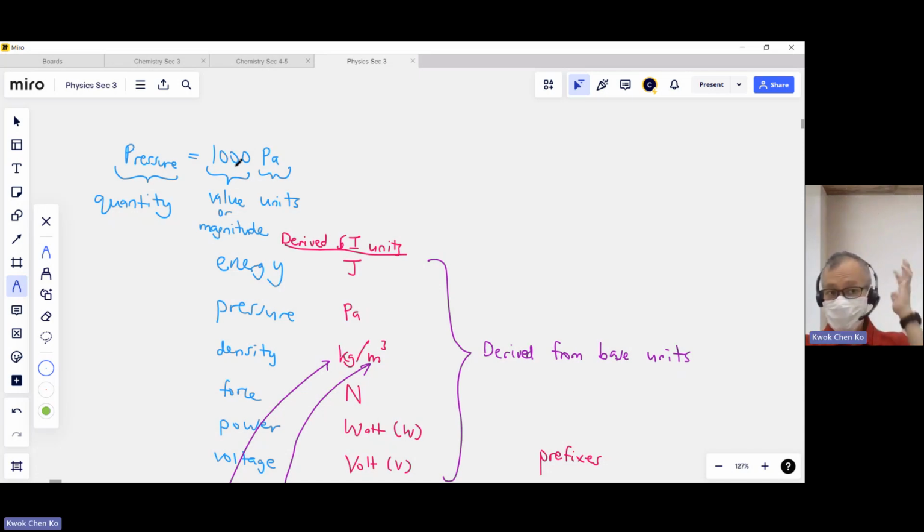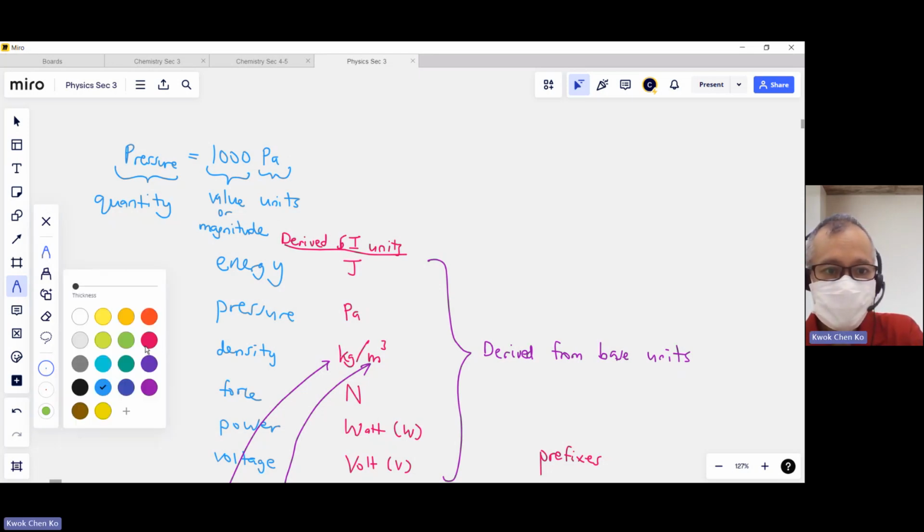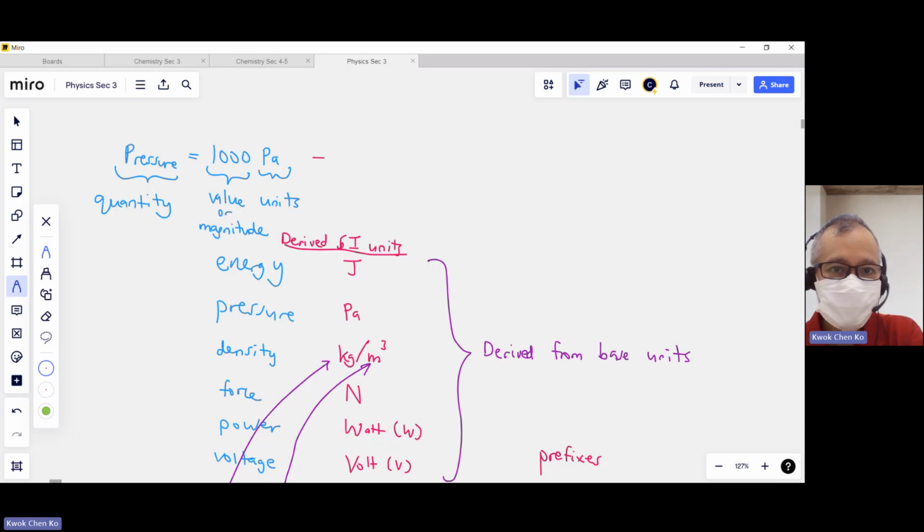It typically has a value or magnitude, right? And it has appropriate units. Now, obviously, the units need not be SI units. They can also be expressed as, let's say, 10 to the power of 6 millipascal. Right, so in this case, I still have a value or a magnitude.